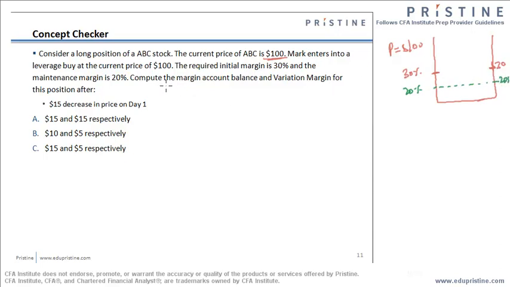Now it's asking us to compute the margin account balance and the variation margin for this position after a 15% decrease in the price on the following day. So initially when he entered into a transaction, the margin account had a value of 30% of the price, which was $30, right?